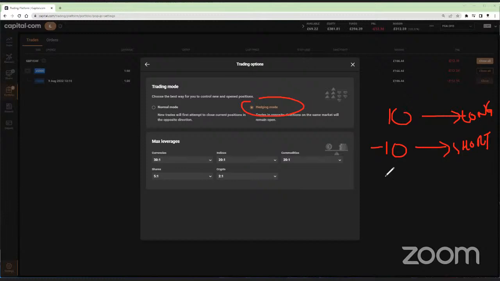And of course, I could always decide to close one. Let's just say the market keeps dipping, so I could decide to close one, which is the long. And eventually, if the market keeps dipping, of course, that means my shorts would start adding more profits.